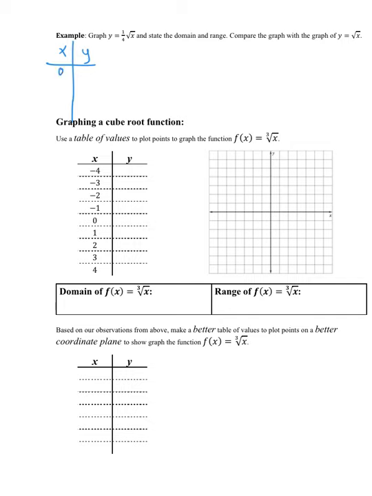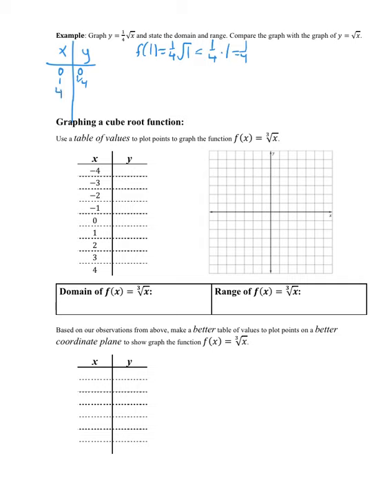So we start with 0, and I know if I get the square root of 0, it's 0, and 0 times 1/4 is 0. If I pick the number 1, the square root of 1 is 1, and then 1/4 times square root of 1 is 1/4 times 1, which is 1/4.